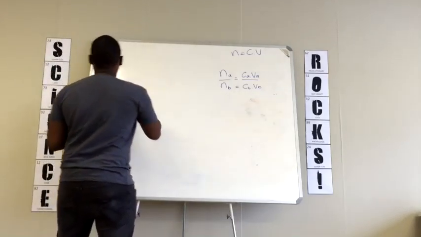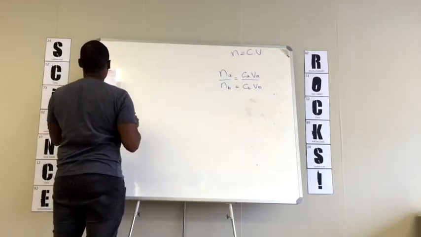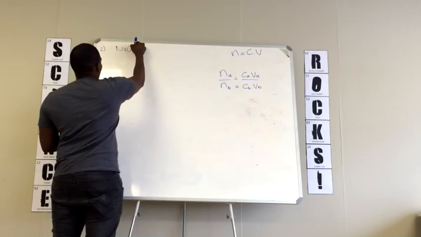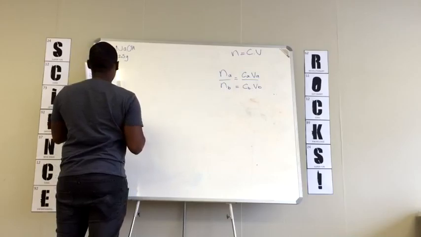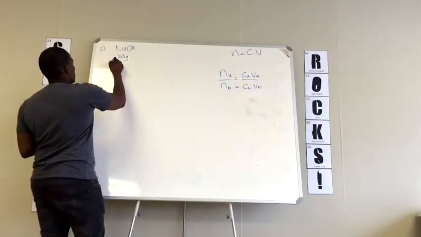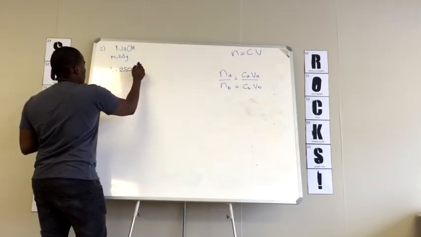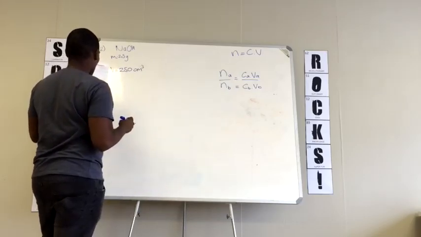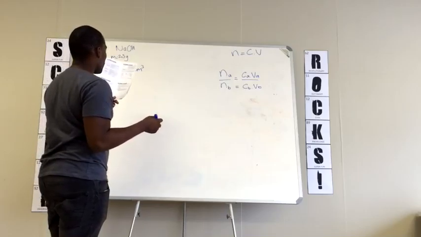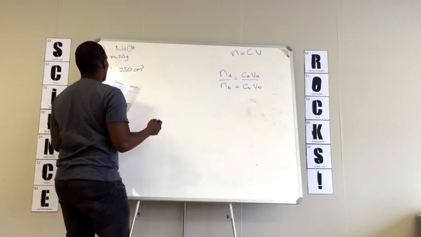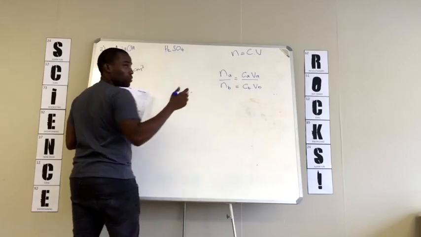Number 2, 2.5 grams of pure sodium hydroxide crystals are dissolved in water. So I've got NaOH, 2.5 grams dissolved in water. The volume of the solution is 250 centimeters cubed. So this is my mass, my volume is 250 centimeters cubed. Of the solution, 25 centimeters cubed are used to neutralize 15 centimeters cubed of an H2SO4 solution according to the following equation. So we've got sulfuric acid of unknown concentration.